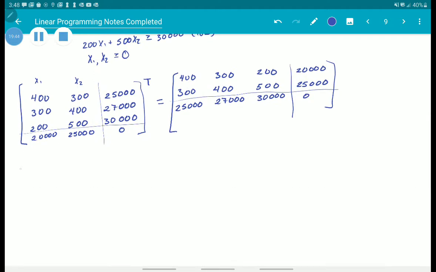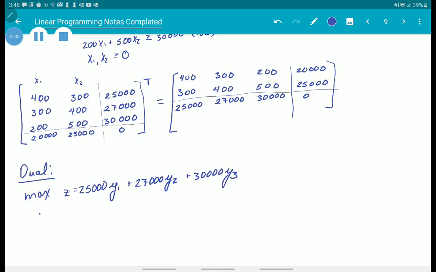So then let's write out what our dual problem says. The dual problem says we are going to maximize the objective, 25,000 y1 plus 27,000 y2 plus 30,000 y3, subject to two constraints. 400 y1 plus 300 y2 plus 200 y3 has to be less than or equal to 20,000.